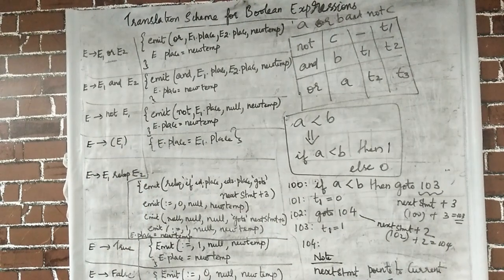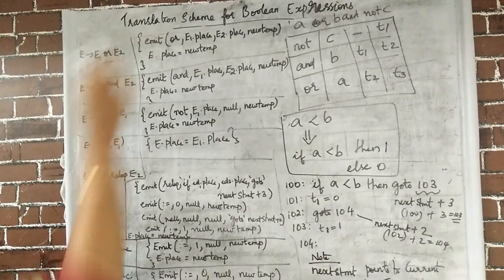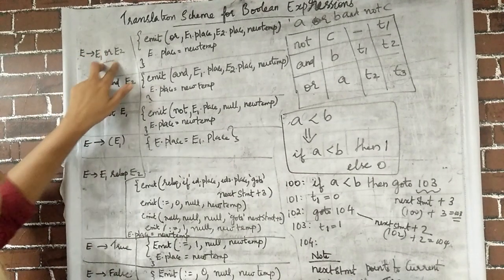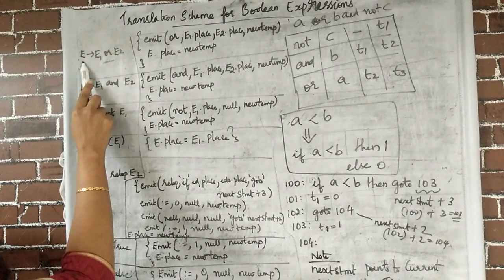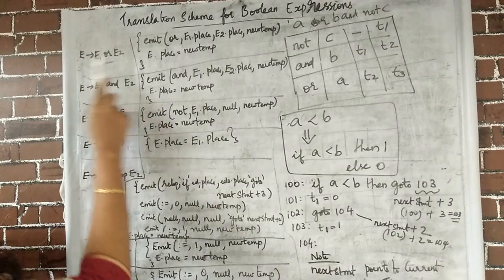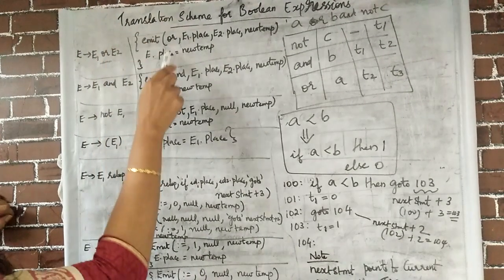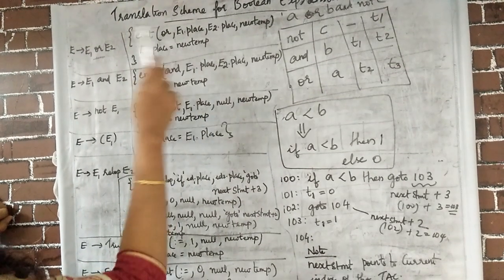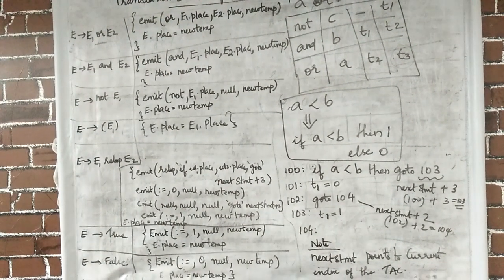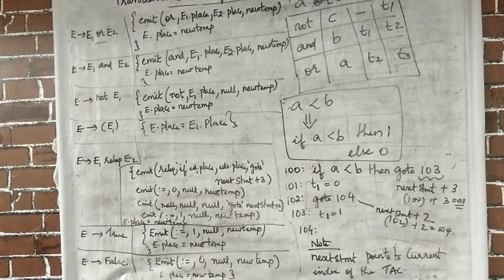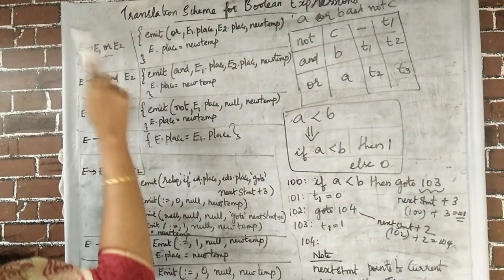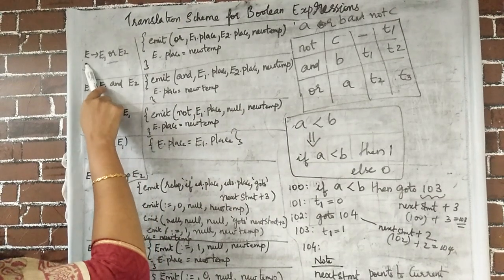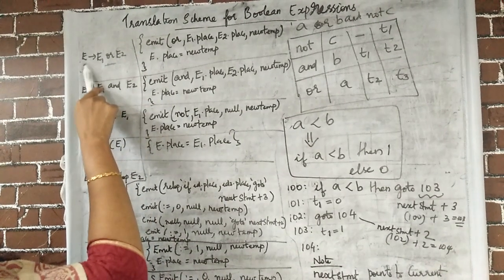Again, the value of that temporary variable has to be assigned to E, so E dot place is equal to new temp. This is how we write the translation scheme. First we wrote the emit function, then the result available in the temporary variable is assigned to the left hand side variable E.